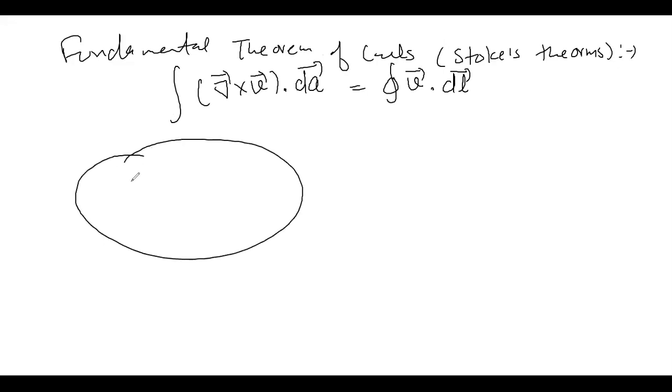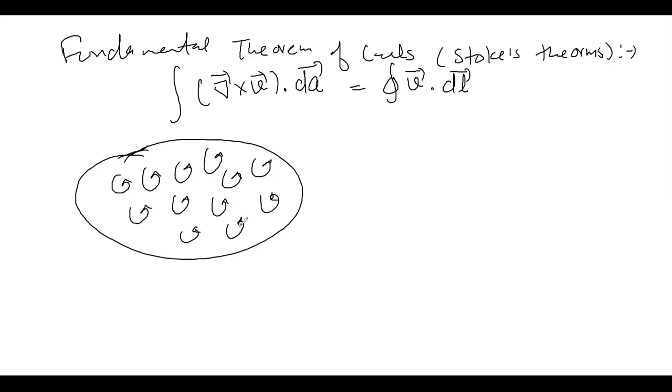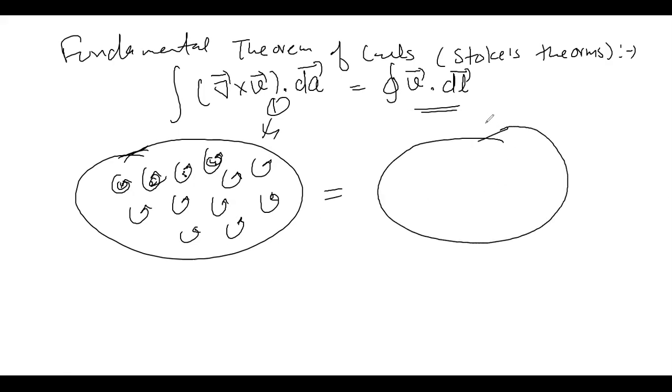Basically it means that if you have a surface area here, and in that surface area you have a very large number of curls, either you go to every single individual one and measure the curl, which will be this side here, or you simply go to the boundary of this area, which is given by the line here, and measure how much curl you have around this line.